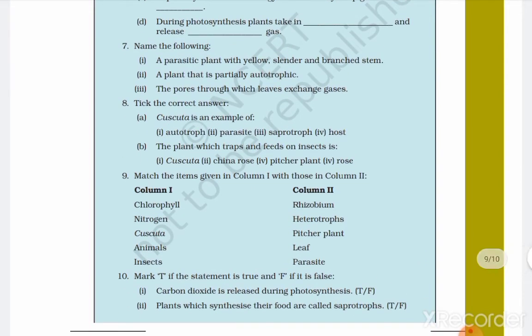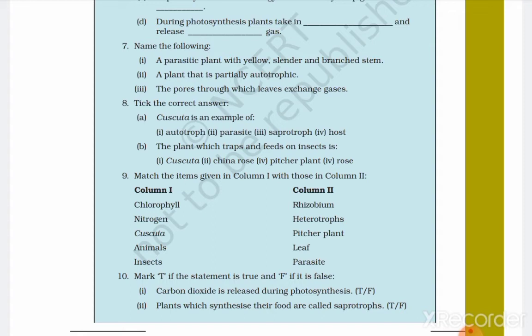Name the following: a parasite plant with yellow cylinder and brown stem, we can say Cuscuta or Amarbel in Hindi. A plant that is partially an autotroph, you can say an insectivorous plant, pitcher plant, or you can say a Venus flytrap.